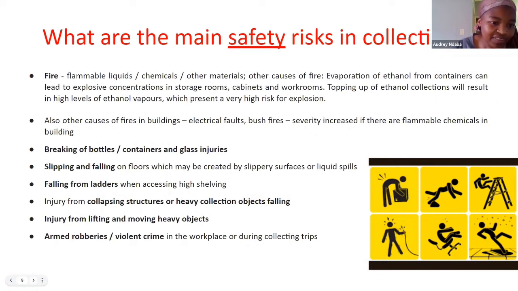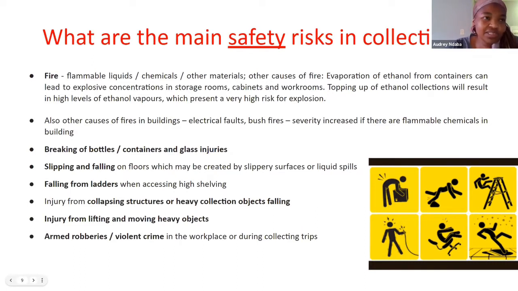Other causes of fires in the building are electrical faults. Some examples of the main safety risks in the collections are when you are working with the glass collection and you break bottles or containers your collection is in.